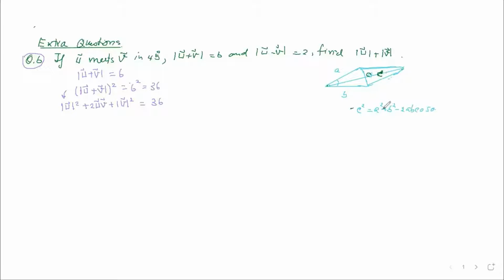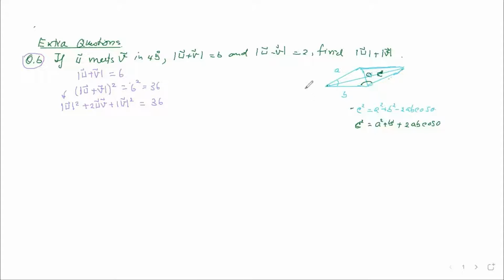In this case, the big C square equals A square plus B square plus 2AB cosine theta. In this case the theta is an obtuse angle, but this one is an acute angle. That's the formula you learned in grade 9, correct?